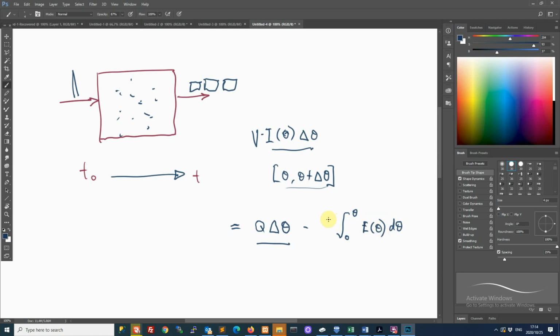Right, so here I'm going to write this in terms of flow, right? E of theta, if you integrate this, is the fraction that left the reactor, up to age theta. Remember, now we are only interested in age theta here, and only between theta and theta plus delta theta. We only want to know how much is left over in the reactor of that age range.